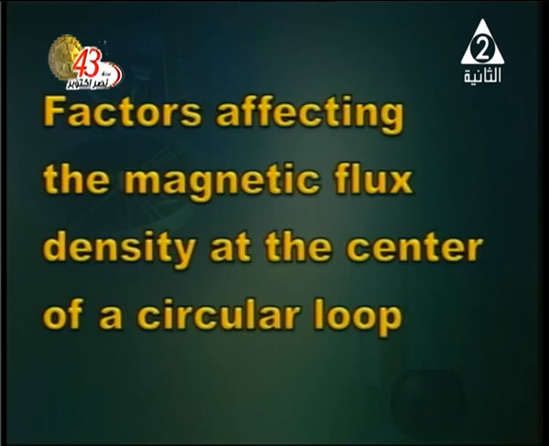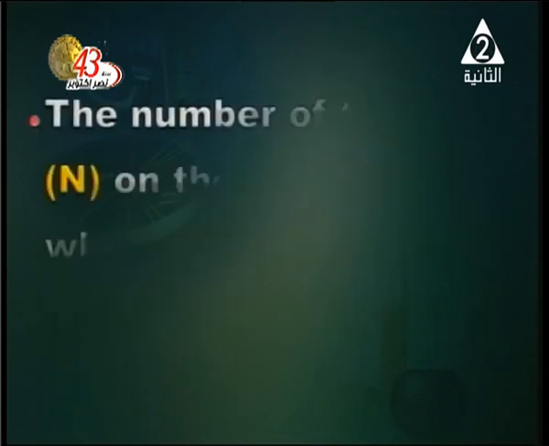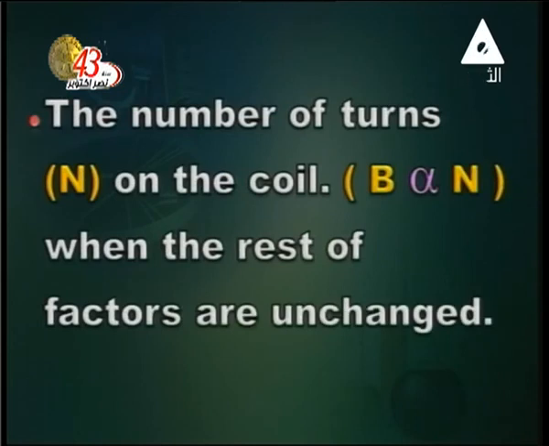And now talking about the factors affecting the magnetic flux density at the center of a circular coil. The factors are, of course, known from the expression. So first of all, the number of turns on the coil. Magnetic flux density is directly proportional to the number of turns, and this happens only when the rest of the factors are unchanged.